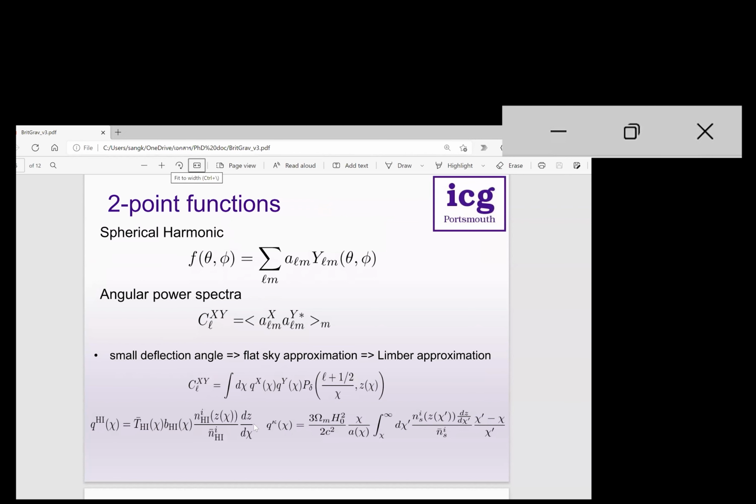From this equation, you can see the coupling of the neutral hydrogen bias and the long wavelength mode of the lensing kernel here.